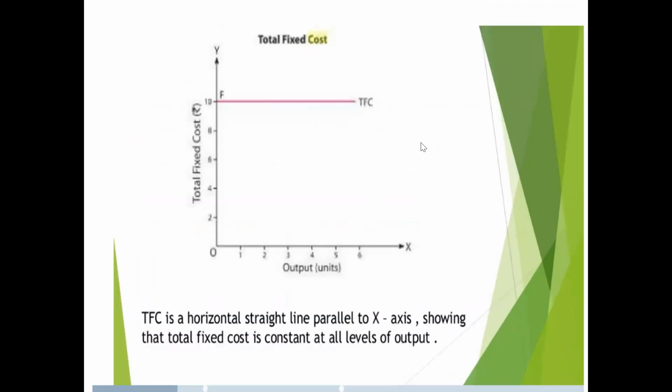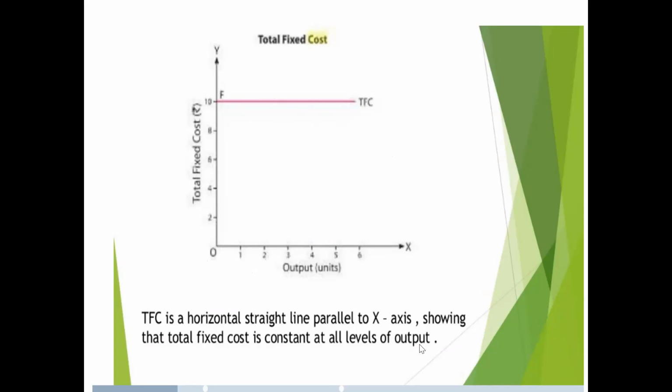So if we draw the total fixed cost curve, it lies parallel to the horizontal axis. Under any number of output, the total fixed cost will remain constant. It will not vary with production, whether we produce or not.